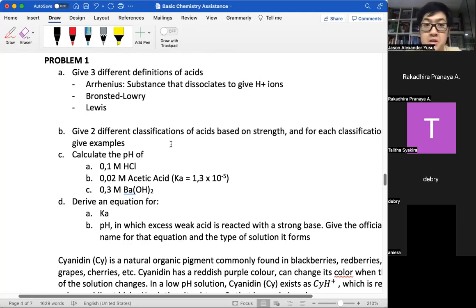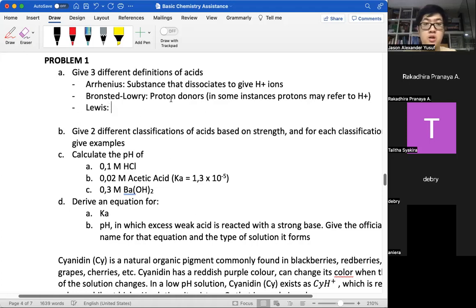Next, to make it simple and save time, according to Bronsted-Lowry, acids are proton donors, meaning they donate protons. And guys, in some books, they say protons may refer to H plus, so don't get confused.